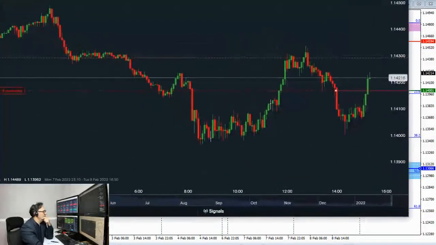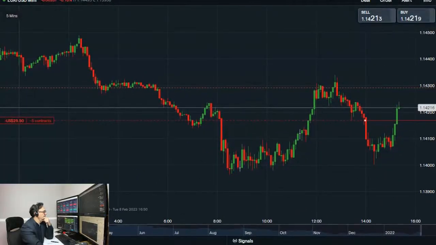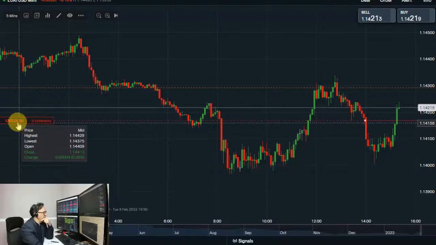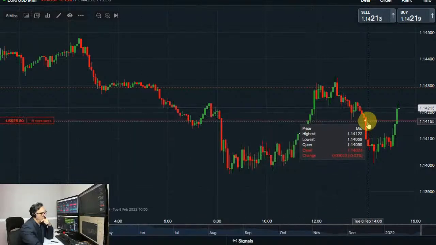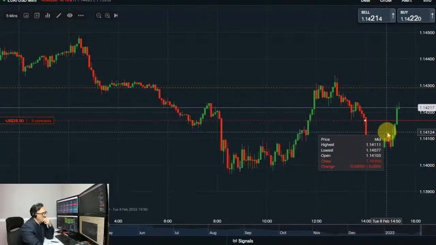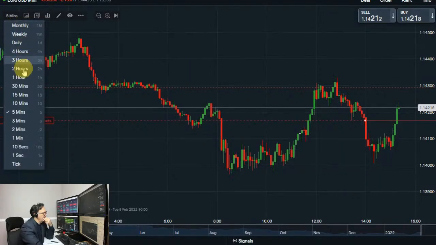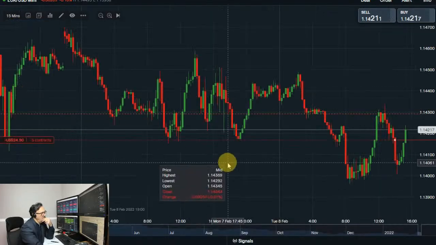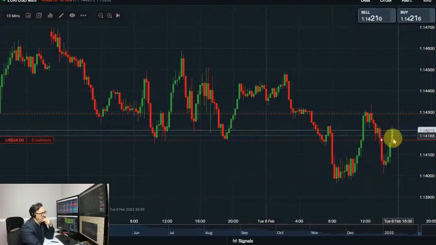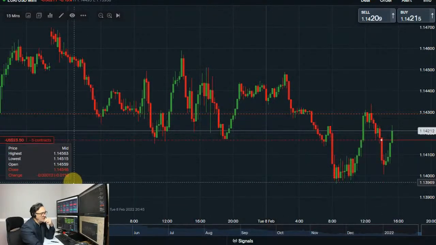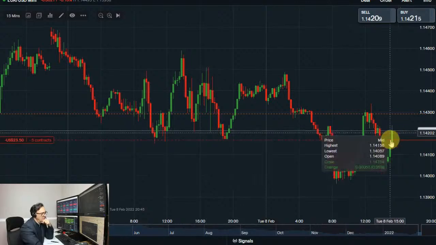Here we go. So it's about $25 of loss on this trade. This is that 15-minute candle that I'm waiting for to tell me what to do. There's still another 5 minutes for this to complete.